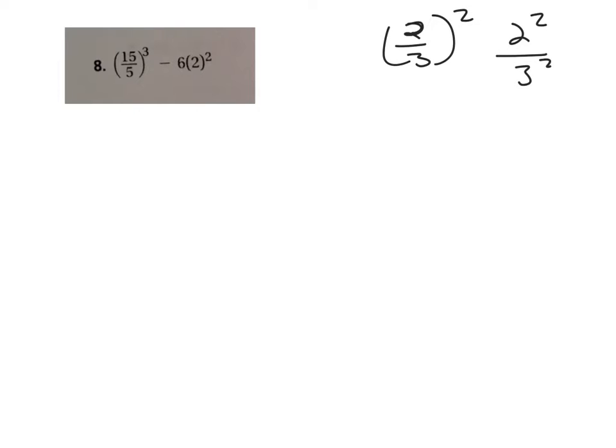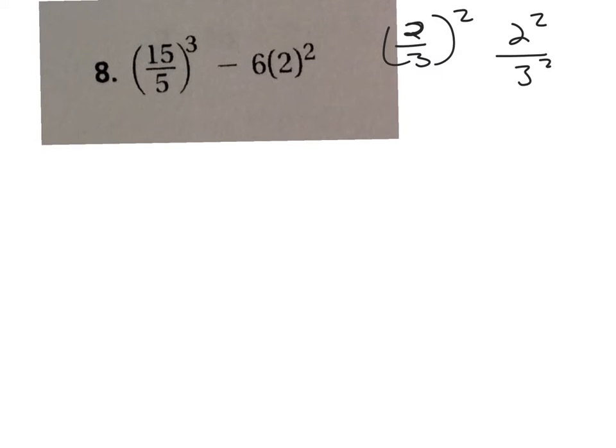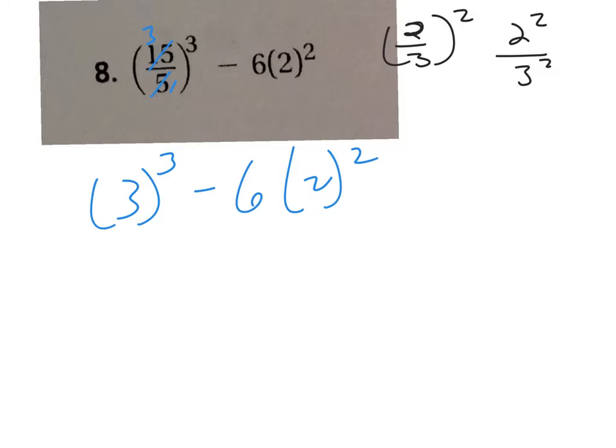Otherwise, you could write 15 fifths times 15 fifths times 15 fifths. But I tell you what, before I start on this one, I noticed that 15 fifths can be reduced to, if you take out a 3 here and a 1 here, so it really is the number 3. So it's really 3 cubed minus 6 times 2 squared. So 3 cubed, that's 3 times 3 times 3, so 3 times 3 is 9, times 3 is 27, minus 6, then we have 2 squared.